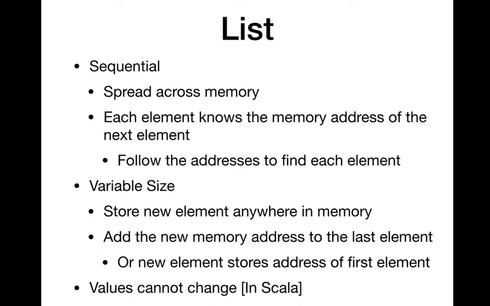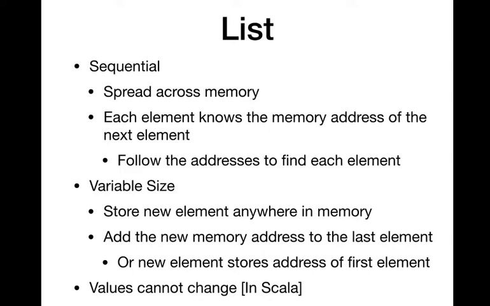This is a sequential data structure just like an array, except it's not one continuous block of memory. The way a list works is we'll have linked list nodes, which are separate values, separate locations in memory. They'll be scattered all across memory.